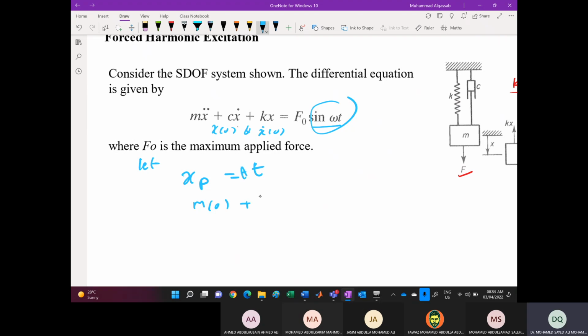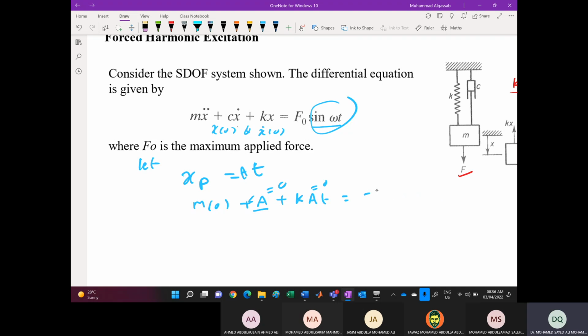Then it will be a times c plus k times a times t equal to f naught sine omega t. Okay, so the right-hand side is only sine omega t. There is no constant, then this is equal to 0. And there is no t, then this is equal to 0. This is the only way to make the two sides equal.